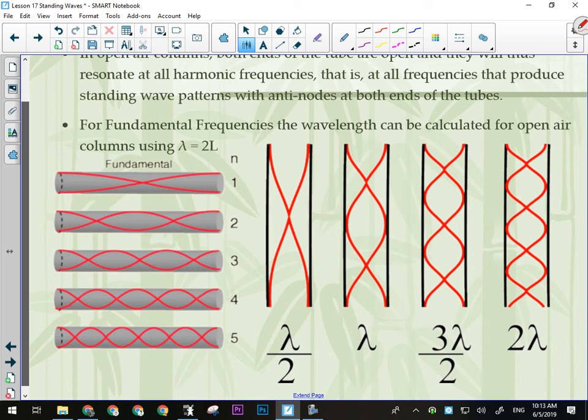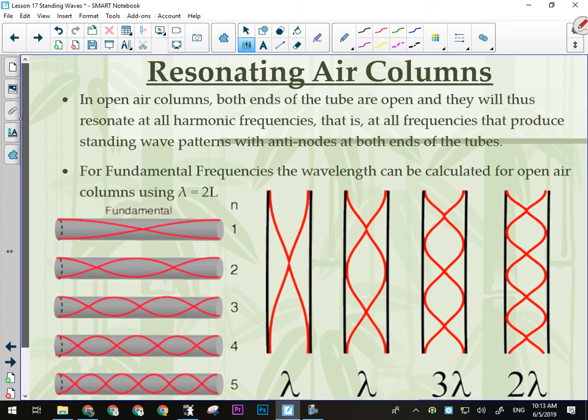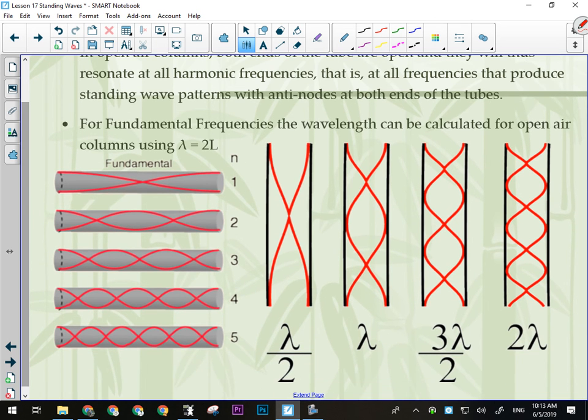Everybody follow there? So, big thing with open air columns is that both ends of the tube are open, so they resonate at all harmonic frequencies because there's never a node. For the fundamental frequency of an open air column, we get this waveform. This is F1. How many waves are in there?